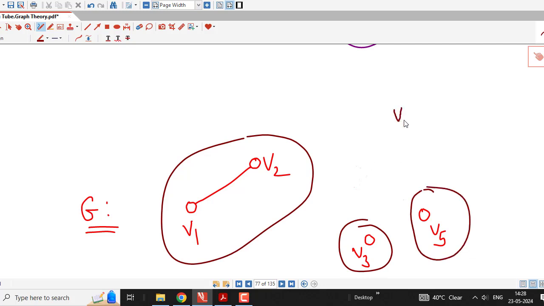So after removing V4, we obtain three connected components, which is bigger than the number of connected components of the given graph. The given graph had two connected components, and after removing vertex V4 and all edges incident with V4, we obtain three connected components. Therefore V4 is a cut vertex.